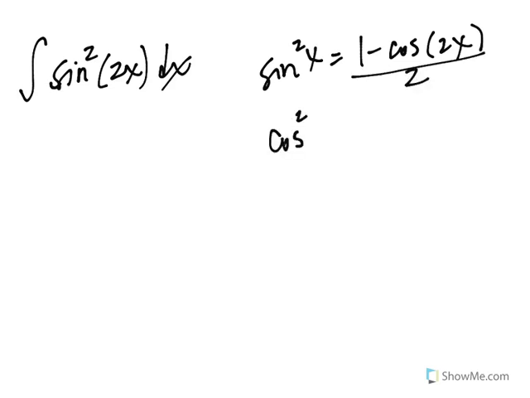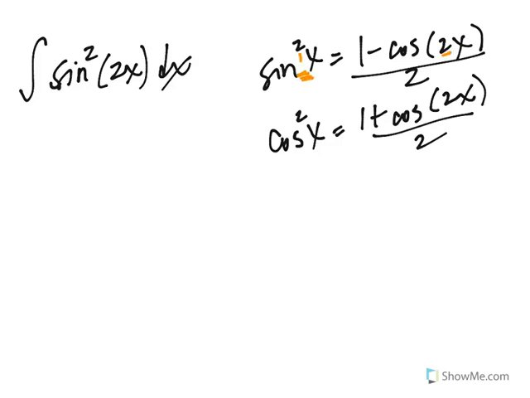And the cosine squared of x is equal to 1 plus the cosine of 2x over 2. Something to point out here that you may or may not remember from trig, that argument right there is a 1. This is always double it.